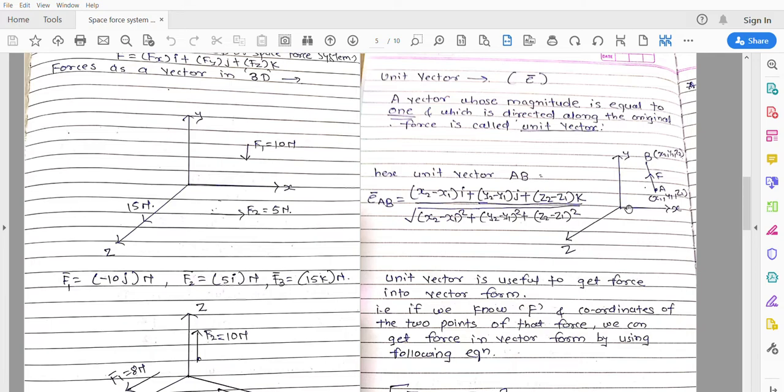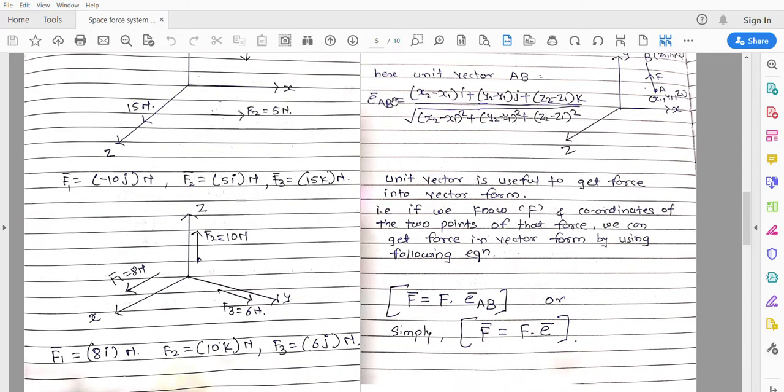Hold it in any manner you want. Both the points will have coordinates, and imagine that pen, pencil, whatever you are holding, as the line of action of force. Now to determine the unit vector, all we need to do is to determine the coordinates of the line of action of force, starting and end coordinates, and use this equation to determine the unit vector.